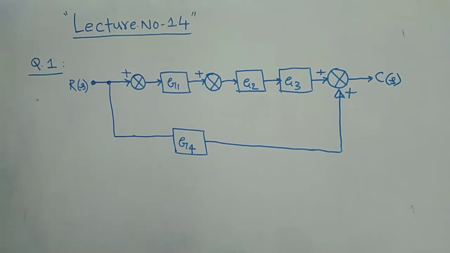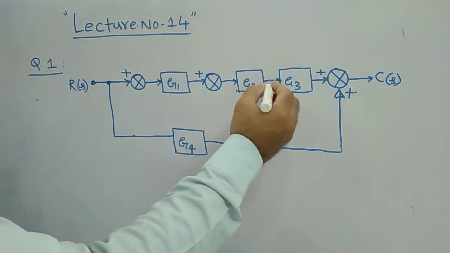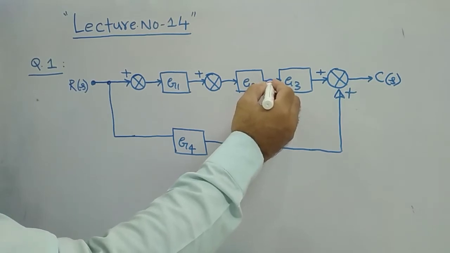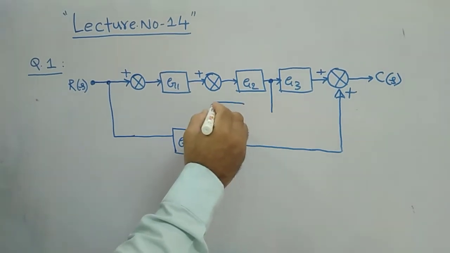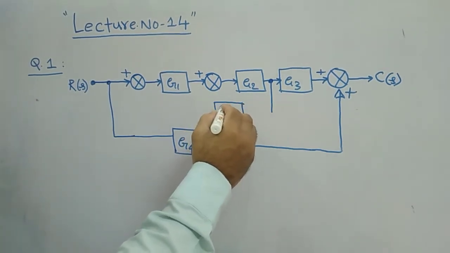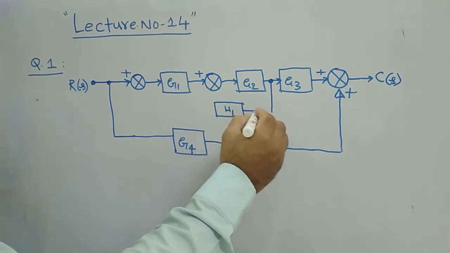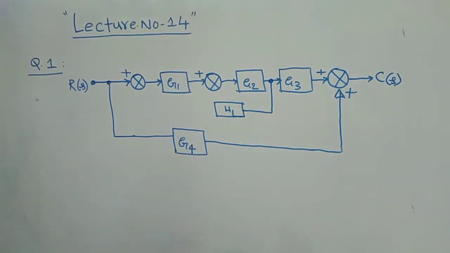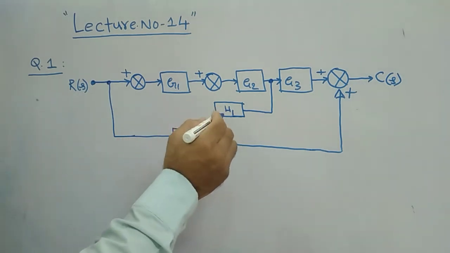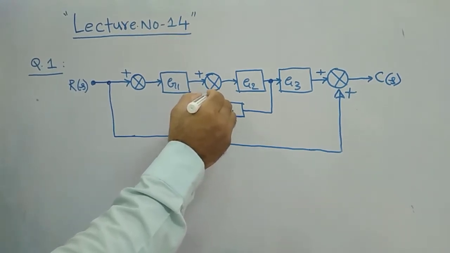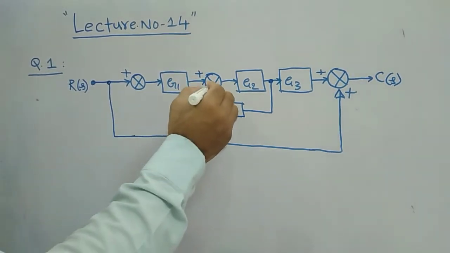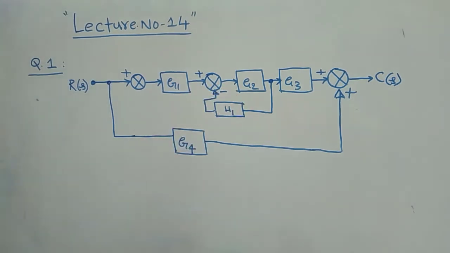And after G2, from this point, there is a feedback network with gain H1. This is H1, and this H1 is going to connect to this summer itself with minus sign.